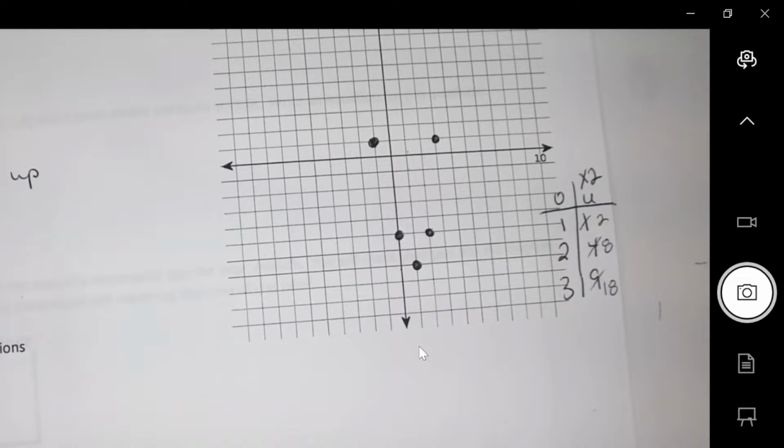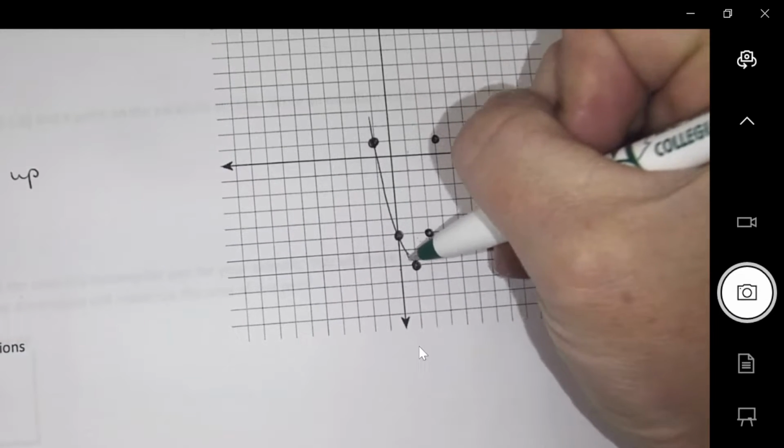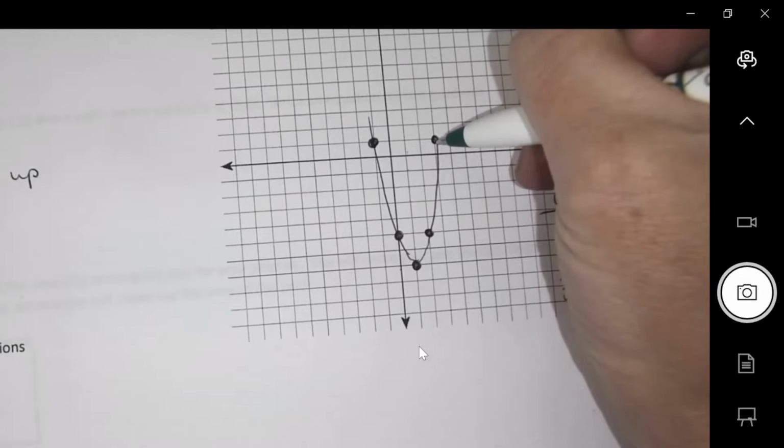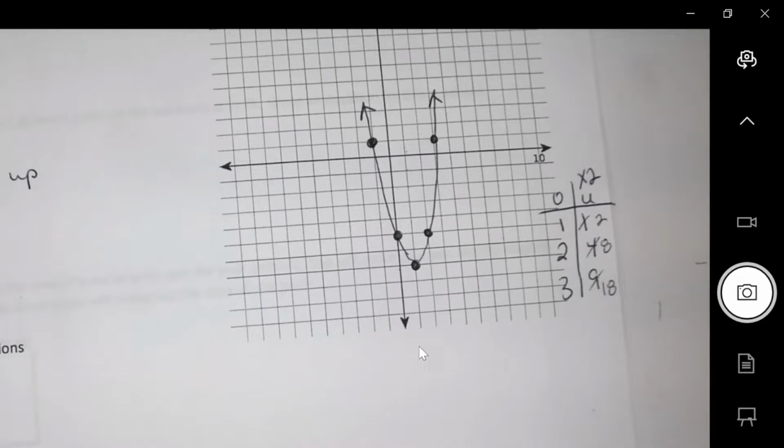Okay, on your exam, I think in my instructions it'll say you have to graph a minimum of 5 points. So I'm good. And then make sure it's not pointy, it rounds at the bottom. And you need to also make sure you have arrows at the top, or that's a communication error.